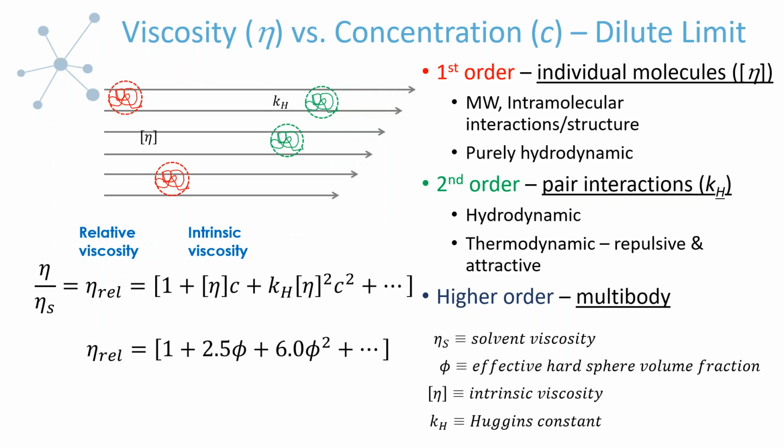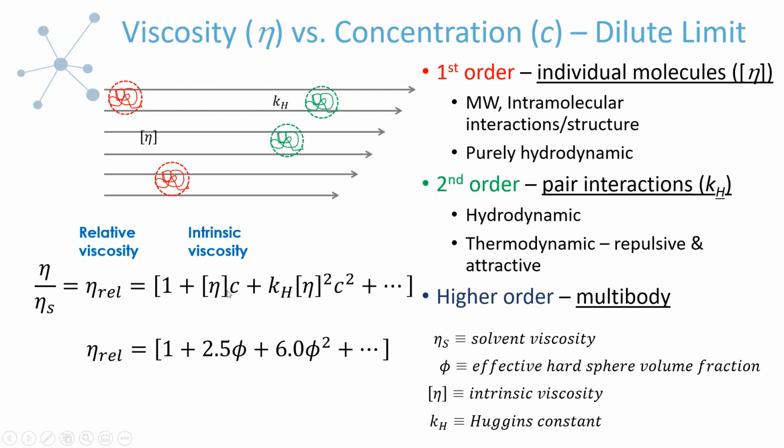That's the terminology that is very common in colloids, and I would argue that it's also how some people would treat polymers. So this is where we first define the relative viscosity. It's just the viscosity of our solution or dispersion scaled on the solvent value.